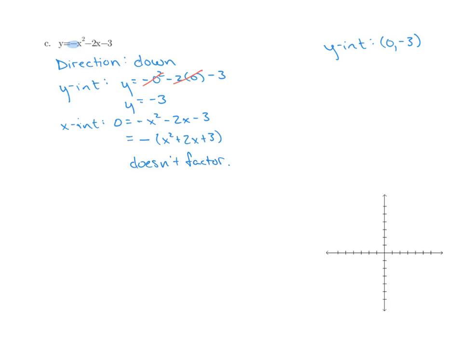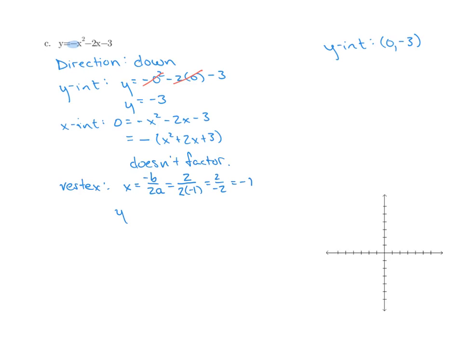Okay, let's go ahead and look at the vertex. We get x equals -b/2a. If we plug in, we get -2 becomes +2 over 2 times -1. This is 2 over -2, or -1.